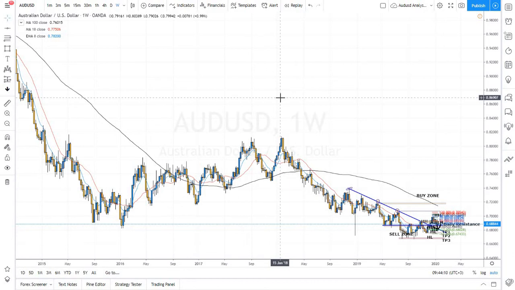So the first thing we'll do is look at our primary pair, which is Australian dollar, US dollar. Then once we're done with that, we'll go to our secondary pairs, which are Euro, USD, NZD, USD, which we often trade together with Australian dollar, USD.